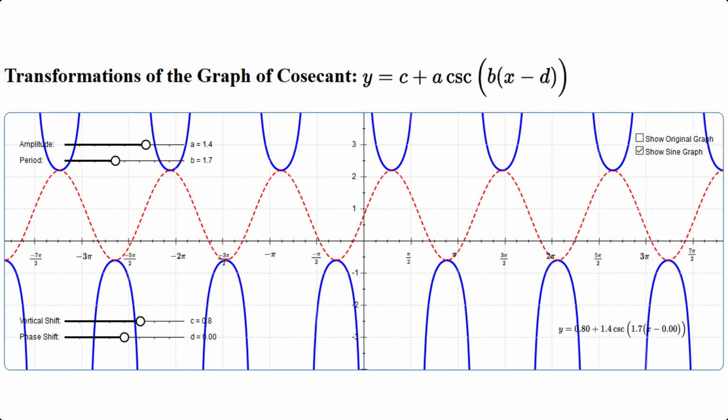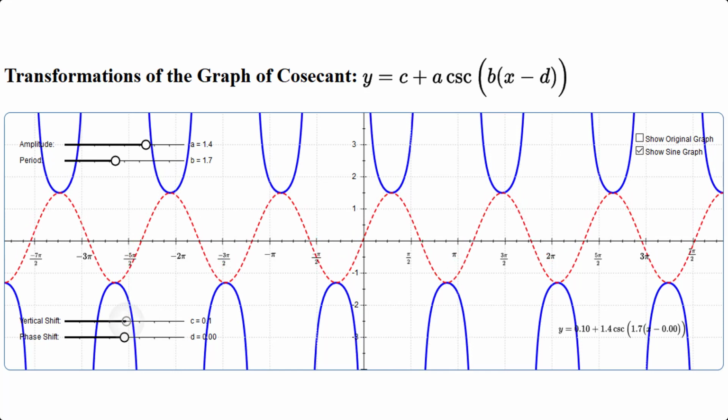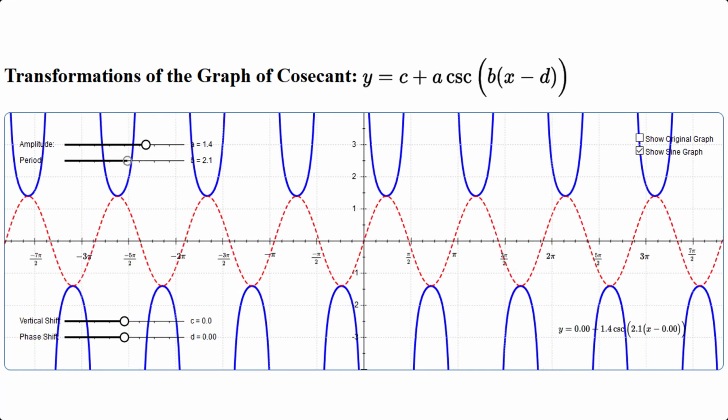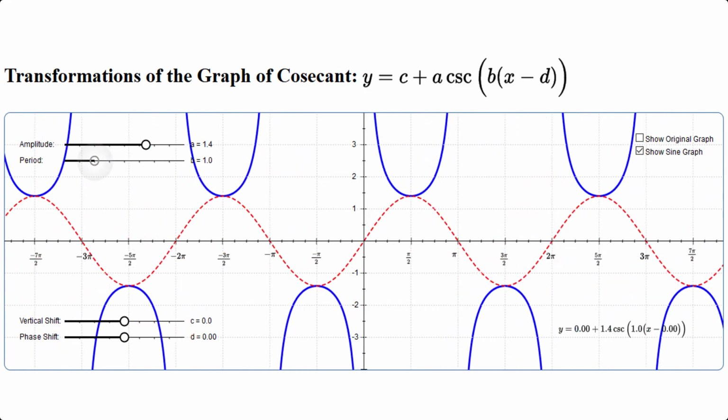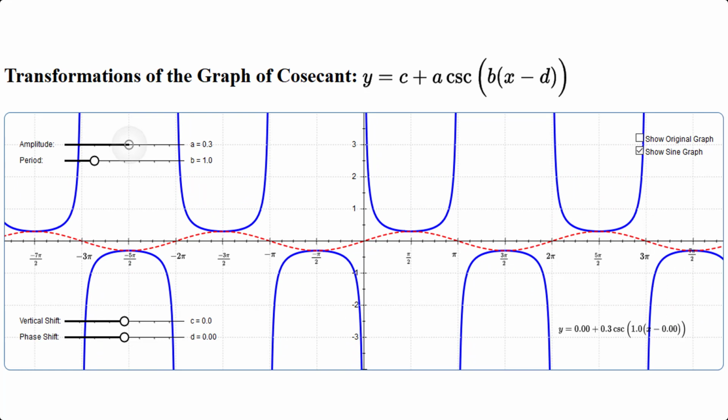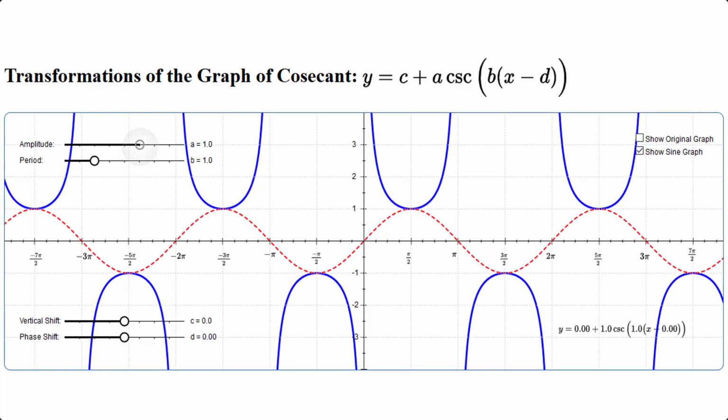With your final answers, however, wherever you do have vertical asymptotes, you should always draw those in. Let me get everything back to where it starts here. Okay, so wherever you have zeros for sine, you should include in your graph the vertical asymptotes.